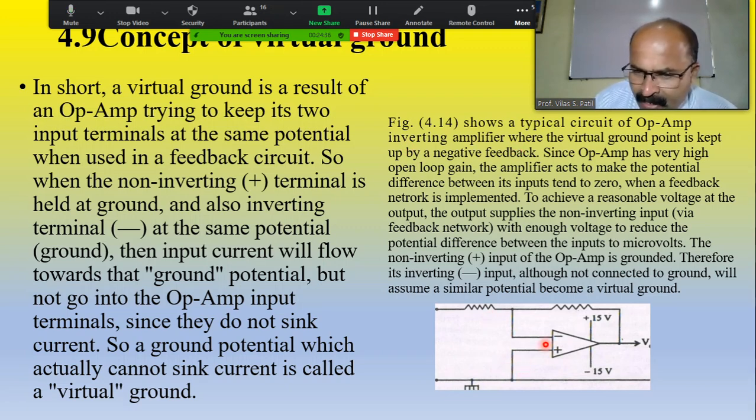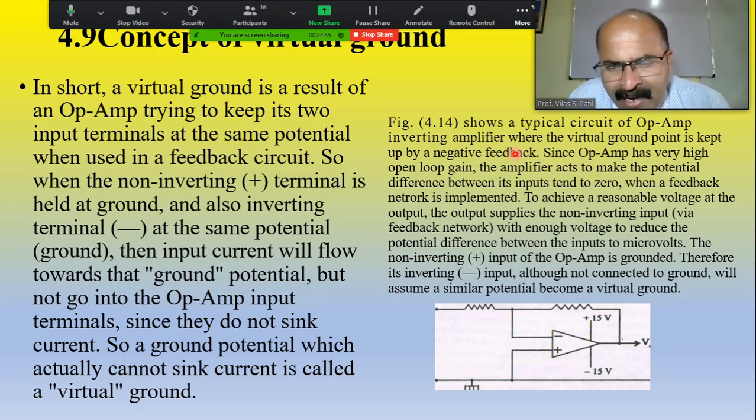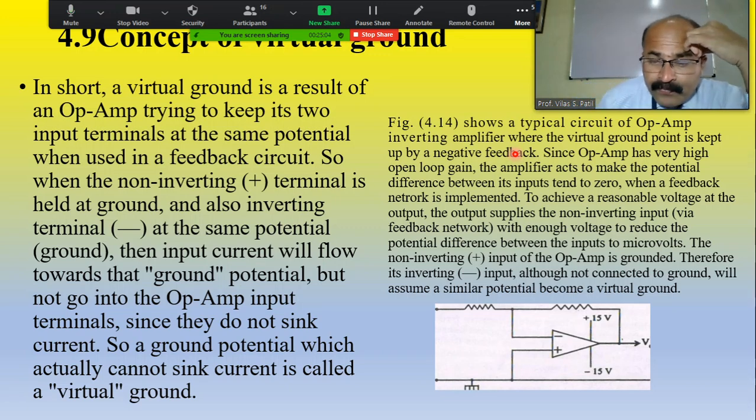The output is fed back to the negative terminal through the resistances, and hence that is known as negative feedback. When output is connected to the inverting terminal, the type of feedback achieved is negative feedback.